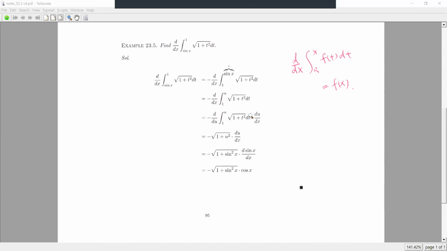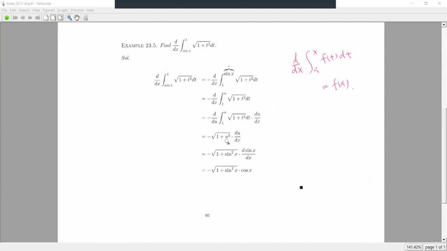For this derivative, now I can apply the formula. The derivative and this integral cancel each other, and plug in u for t. Then I get square root of 1 plus u squared. This is the result of this derivative. u is a temporary variable.